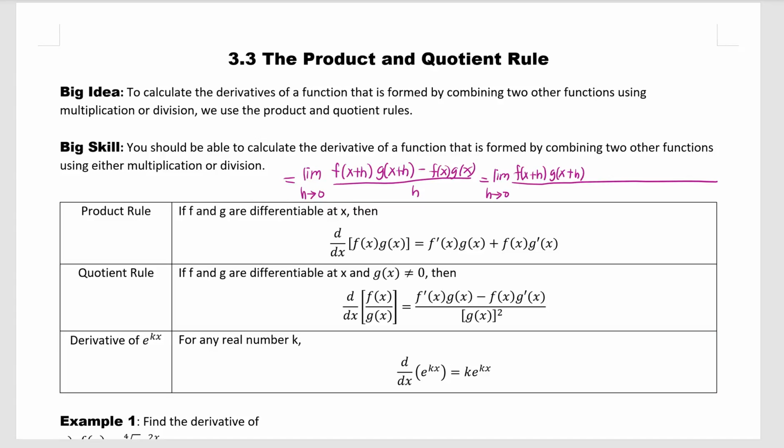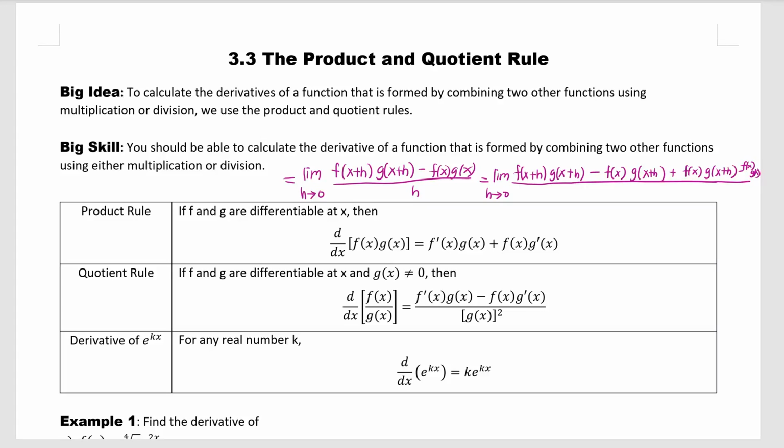What do I want to subtract? I want to subtract f of x, g of x plus h. And then I want to add this guy back, so I want to add f of x, g of x plus h. And then I still have the f of x, g of x right here.